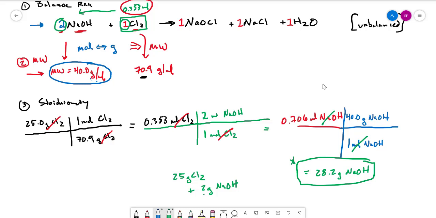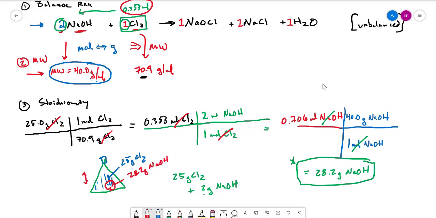So if we take an Erlenmeyer flask and we fill it up with 25 grams of Cl2, which would be a gas, so we'd put a stopper in here, and we fill that up with a bunch of Cl2, we would then need to add exactly 28.2 grams of NaOH, which is a solid.